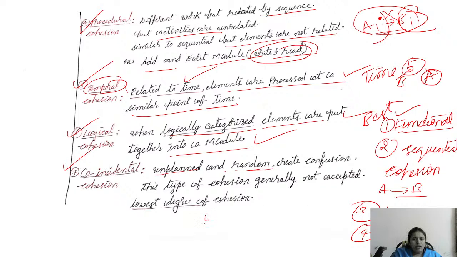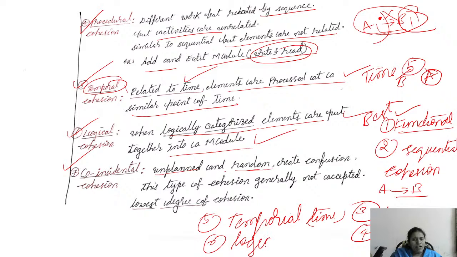Next one is temporal cohesion. They are related just because they perform their task at the same time. Next cohesion is logical. Just by thinking logically, they are related. Seventh one, coincidental. This is the worst cohesion, right?